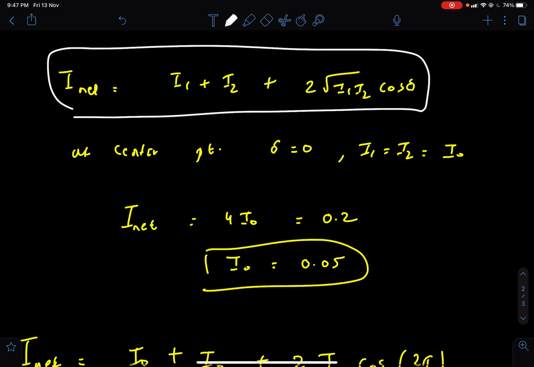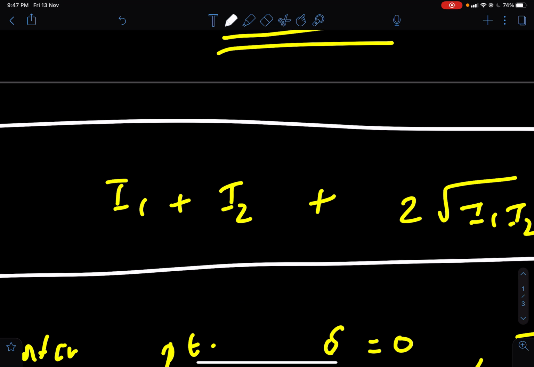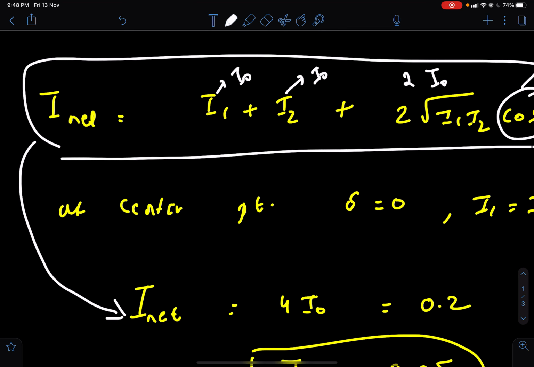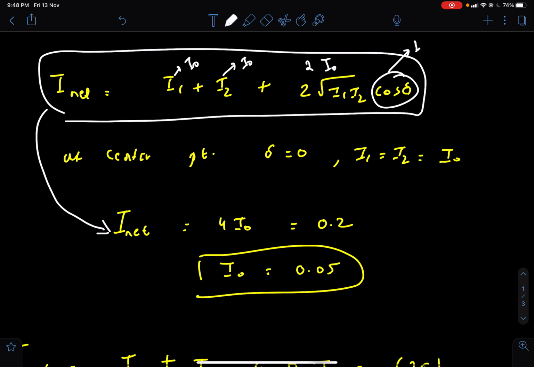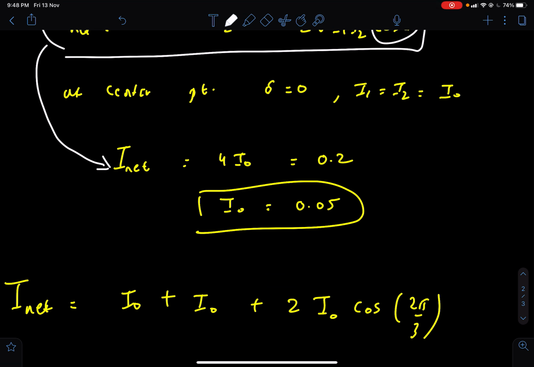Now what about the intensity at the center point? Intensity at the center point is 4 I0, because this is also I0, this is also I0, and at the center point cos of delta will be 1, and this is 2 root I0, so 4 I0. And that 4 I0 is the intensity at the center point of the screen, which is given to be 0.2. So I0 is equal to 0.05.